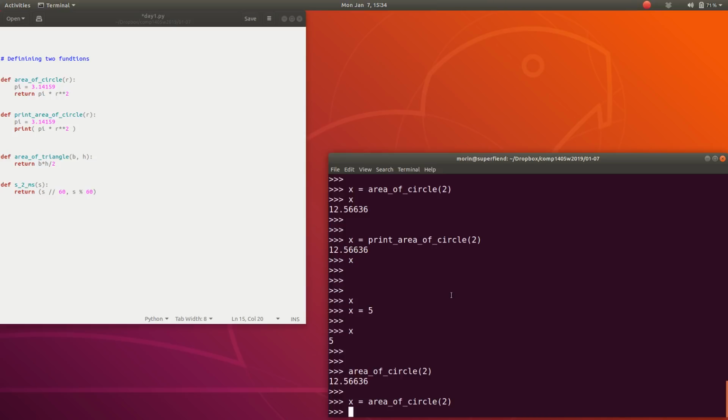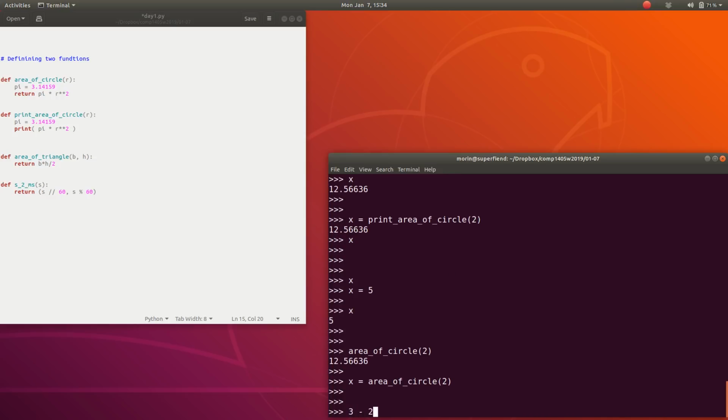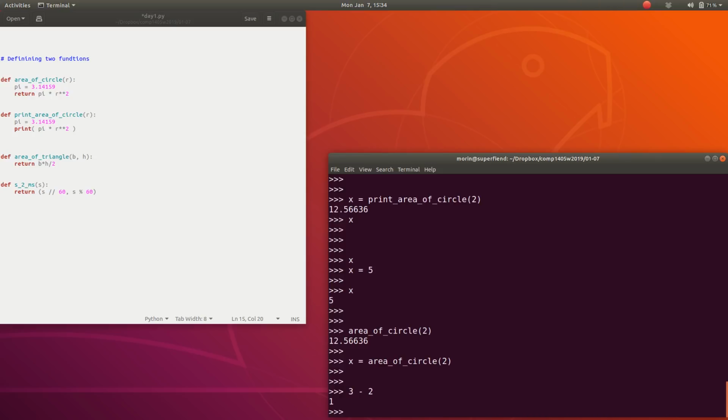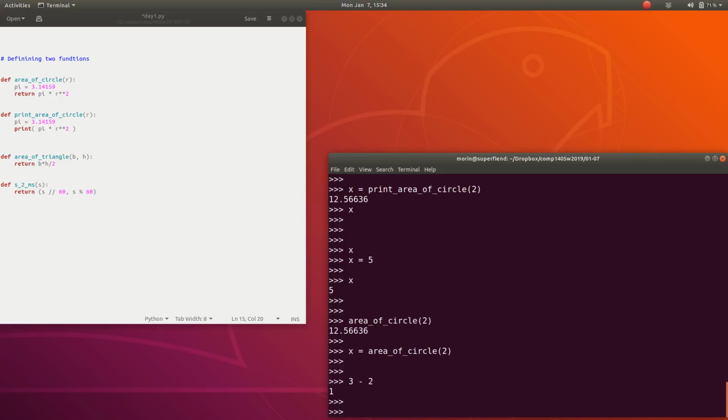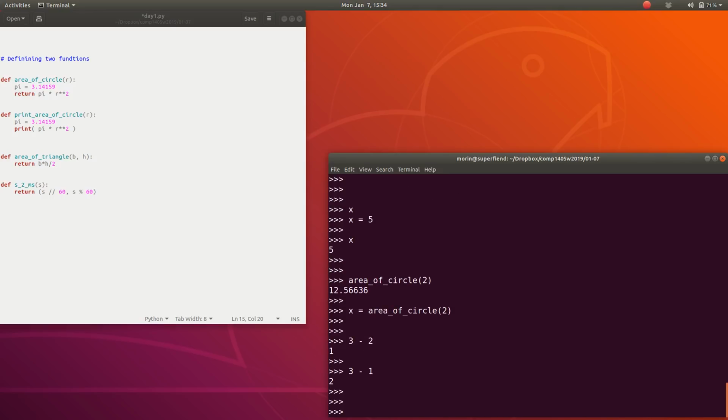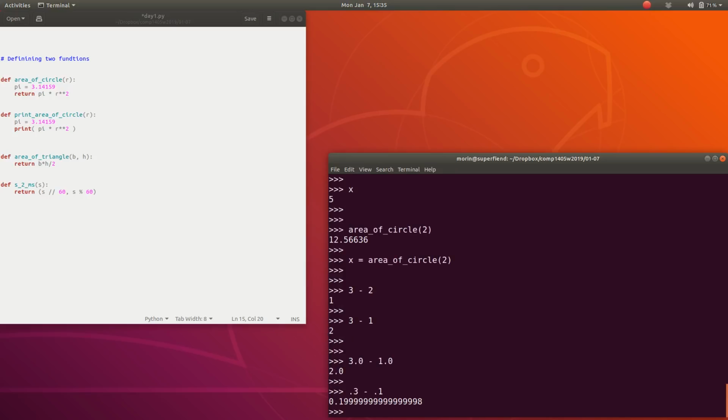Okay. So I asked you what 3 minus 2 was. You correctly said 1, or maybe it was 3 minus 1 is the example I'm interested in. 3.0 minus 1.0. 2.0. 0.3 minus 0.1. What?